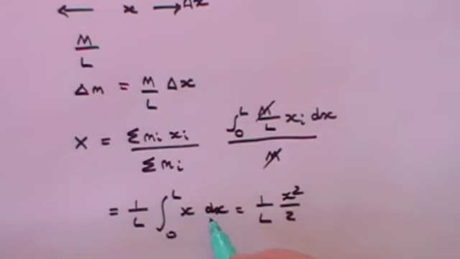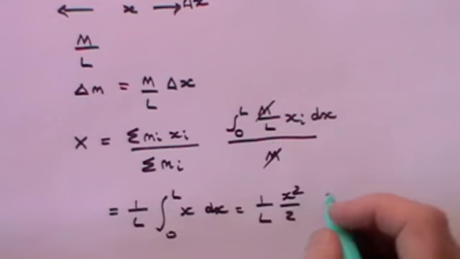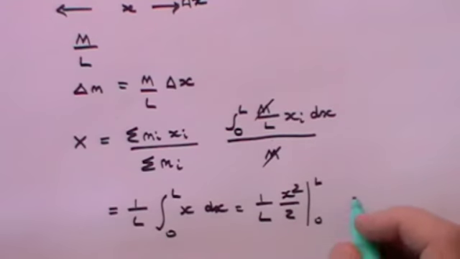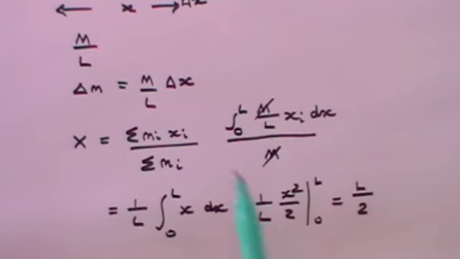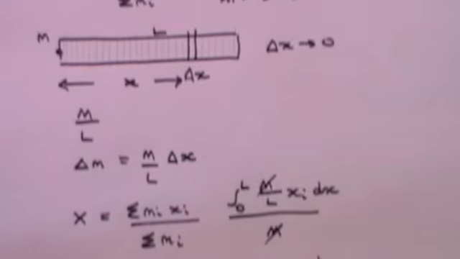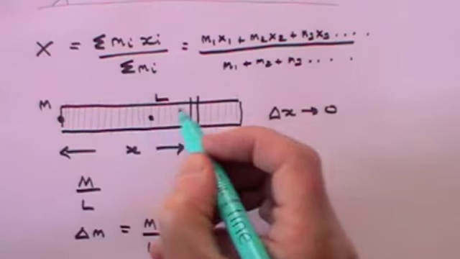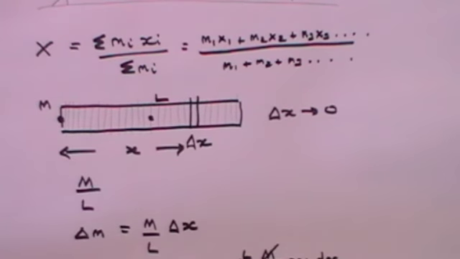The integral of x dx is x squared over 2, evaluated from 0 to L. And that reduces to L over 2. So the position of the centre of mass is L over 2, in other words, halfway along this length is the centre of mass, which is what we guessed at the beginning, and we've been proved right.